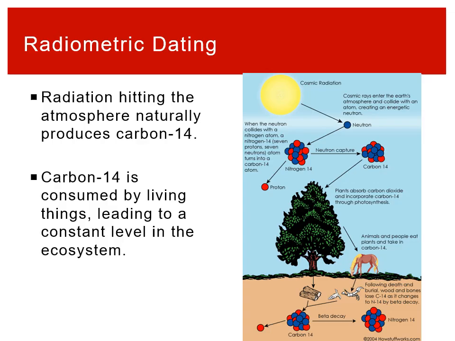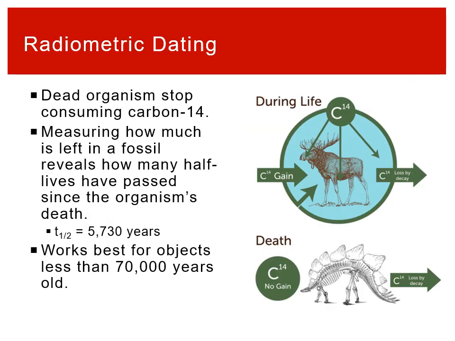As long as you're alive, you keep eating food that was exposed to the atmosphere. So you take in carbon-14, that carbon-14 somewhat decays, but eventually you hit a constant amount. You keep eating, you keep breathing, carbon-14 gets inside of you, and then that carbon-14 decays. You reach a constant level of carbon-14 based off how much carbon dioxide is in the atmosphere.